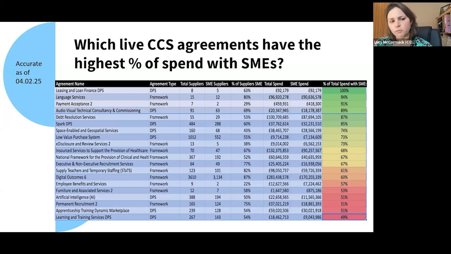And I should say that this information was collated and accurate as of the 4th of February. So obviously this is an ever evolving situation. Numbers in terms of spend and spend with SMEs are changing all the time. And in fact, even numbers of suppliers could be changing all the time in the case of a DPS, which is open for new applications constantly throughout its term.